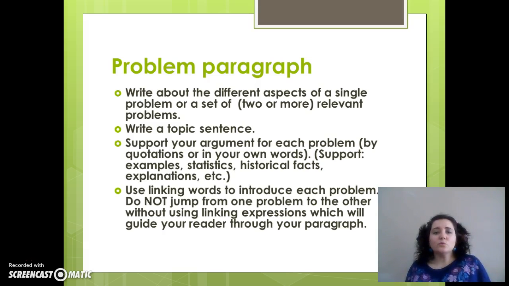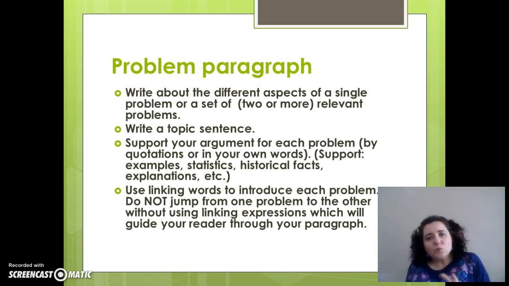Again, this is twofold. One is, in a problem paragraph, you tell probably the causes of a problem, the consequences of a problem, the extent of the problem, the factors that make it a problem. So, you tell us about a lot of different items from various perspectives.